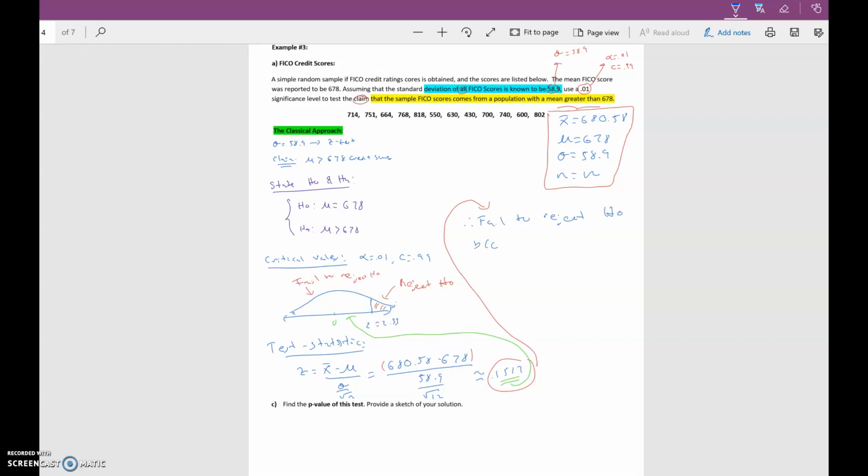And you can simply say that because the test statistic of z, which is approximately 0.1517, is less than the critical value, which is z approximately 2.33, it falls to the left of it.